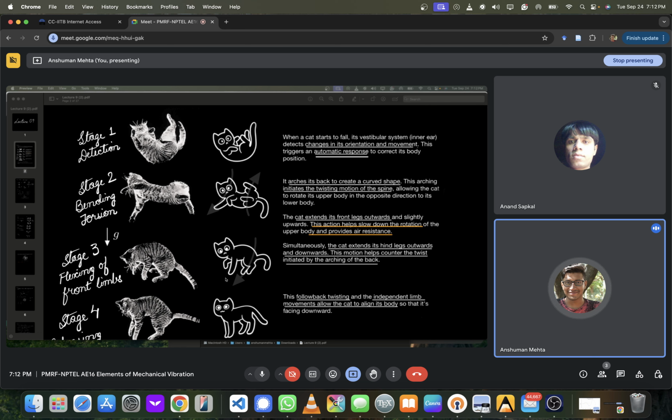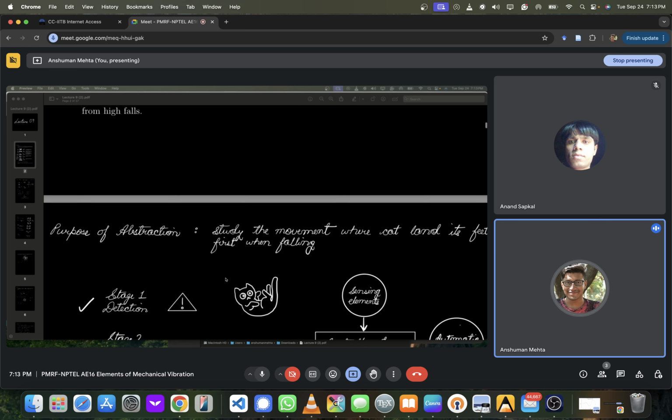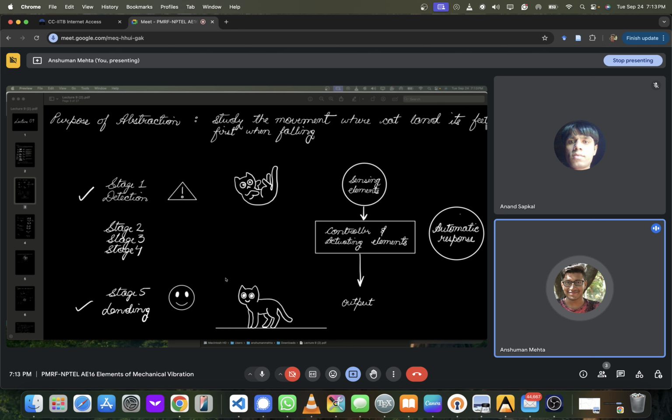So this is the first cut abstraction model, in which we can have a sensor on, let's say, the cat's back. It's just like making a robot, a cat robot, that can do this function. When that robot is released from a height, it is capable of reading how much height it is at. We have a lot of sensors, so we can use those sensors.